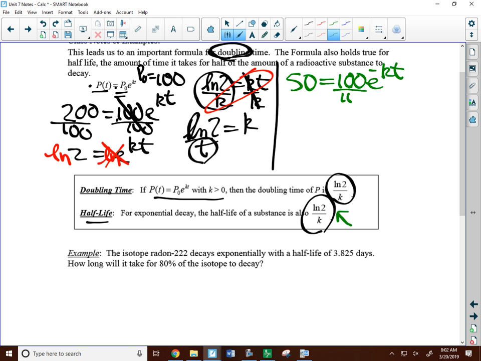So let's divide by 100. 50 over 100, I'll just write it as a half, equals e to the negative kt. We'll do an ln.